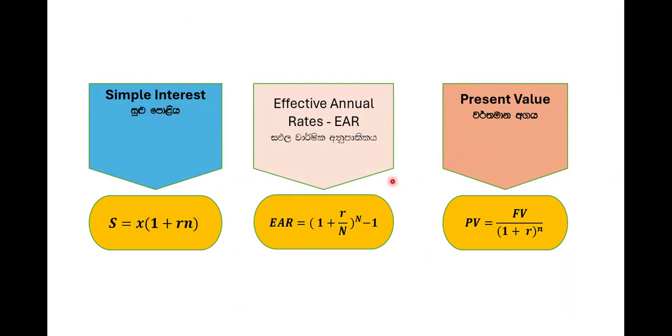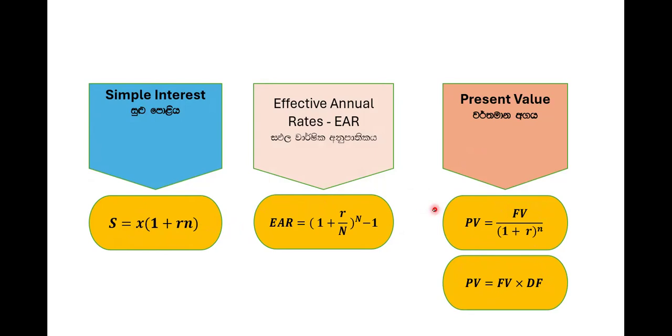How? Present value: this one also can use PV equals FV times DF. Right. I will explain what the variables in these formulas are after the application.